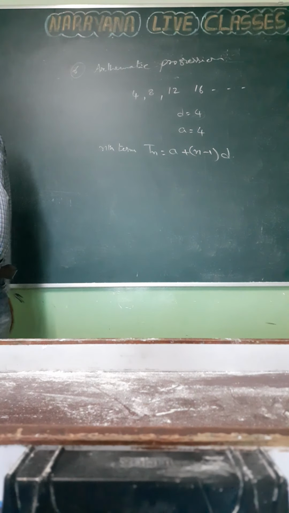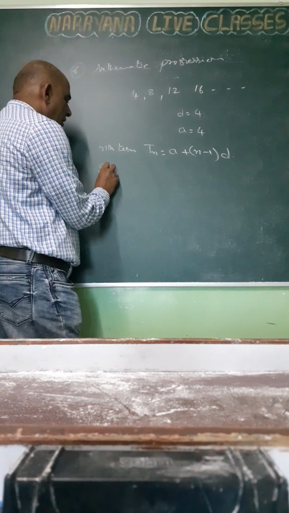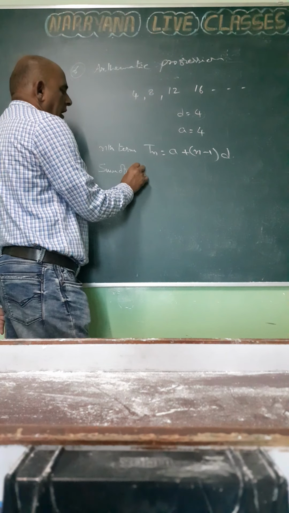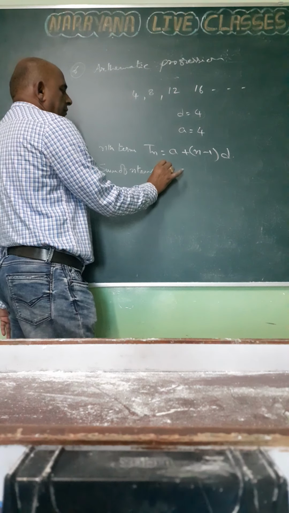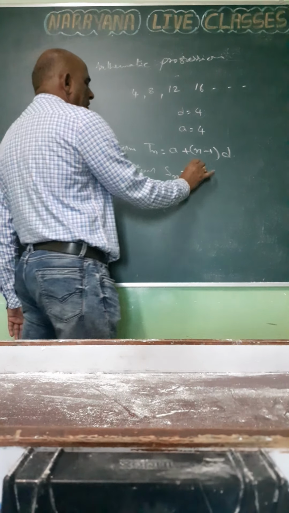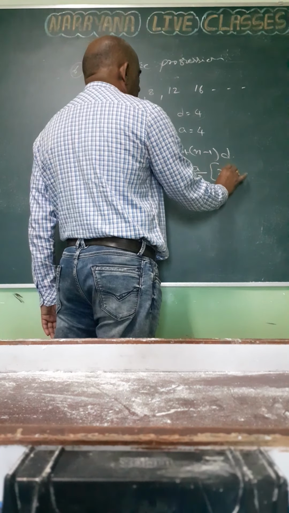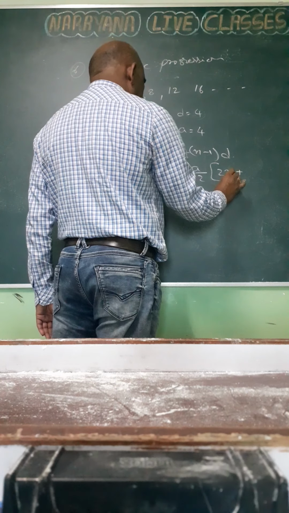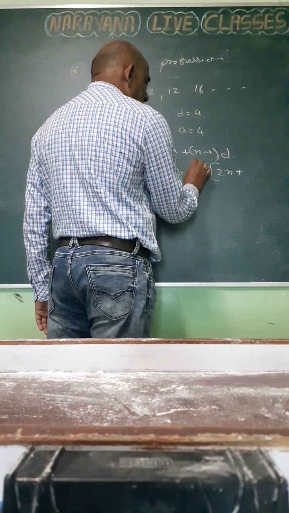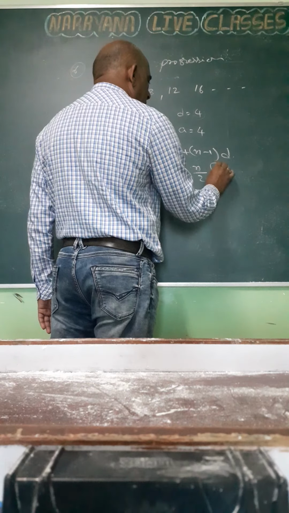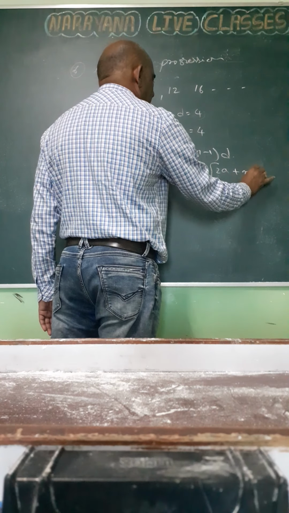And the sum of n terms, Sn, is equal to n by 2 into 2a plus n minus 1 into d.